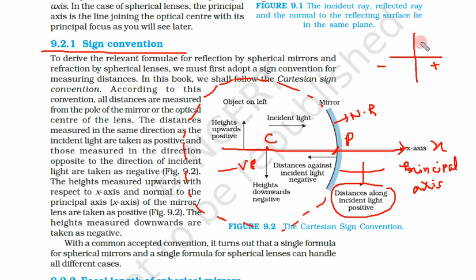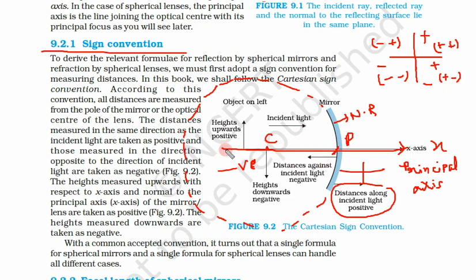Similarly, on the y-axis, the upper side is positive, the lower side is negative. So this will become positive, this negative, this negative, and this positive, because we always write the x coordinate first. So x is positive on both sides, y is plus, y is minus.